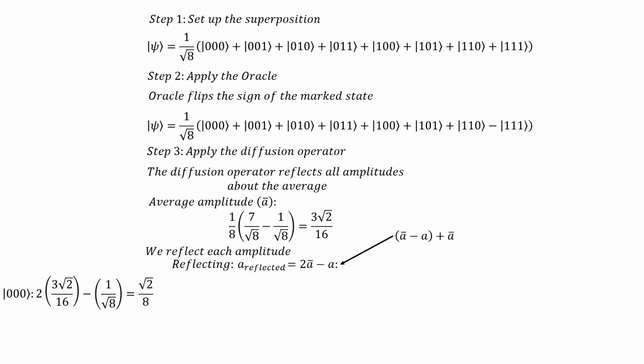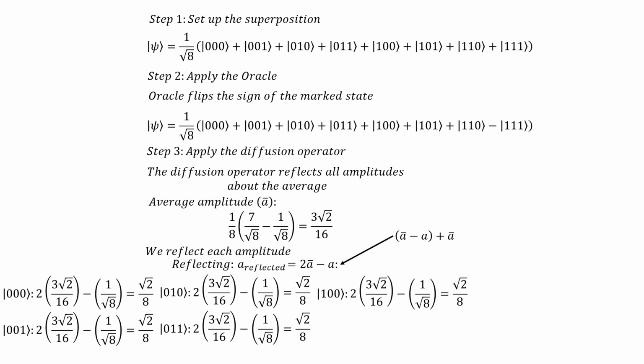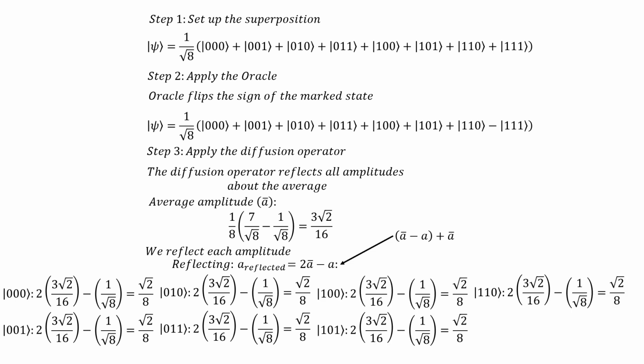So for our first state, we put in our average amplitude and our input amplitude of 1 over root 8, and we get root 2 over 8. For nearly all of the rest of them, this is exactly the same because they all have an amplitude of 1 over root 8, with the exception of our marked state, which has an amplitude of minus 1 over root 8. This gives us a reflected amplitude of 5 root 2 over 8.